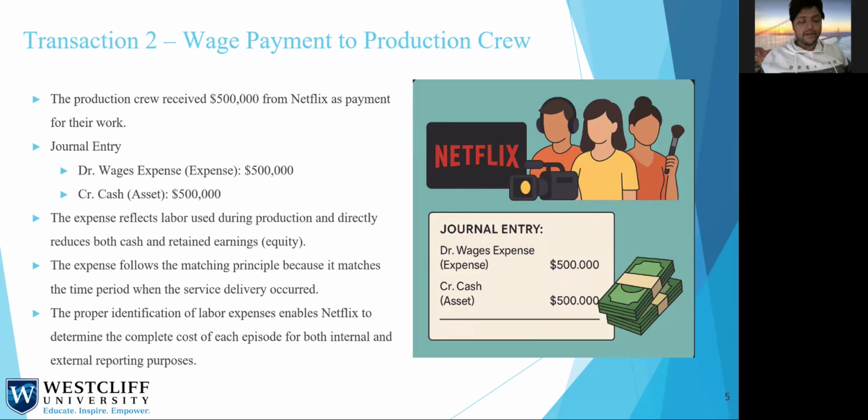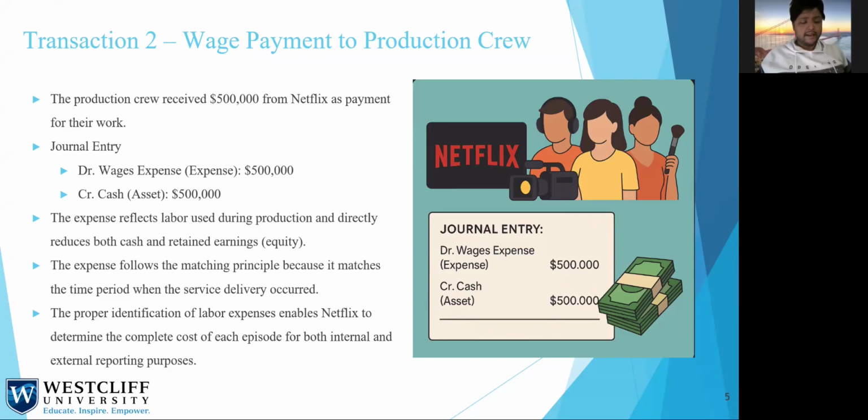This is recorded as a wages expense, which reduces both cash and equity. That's the reason the journal entry will be wages expense as a debit, which is $500,000, and cash will be credited as an asset, which is $500,000.